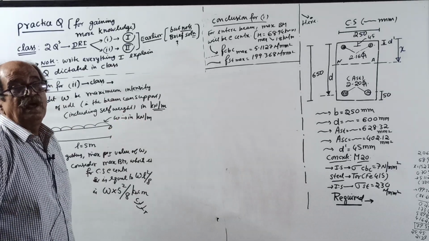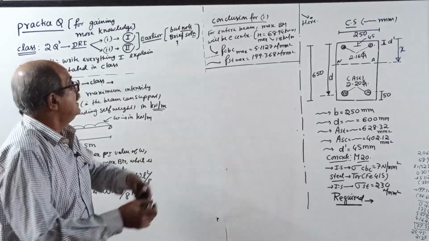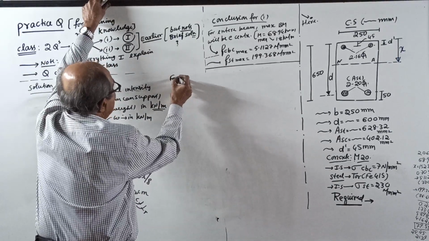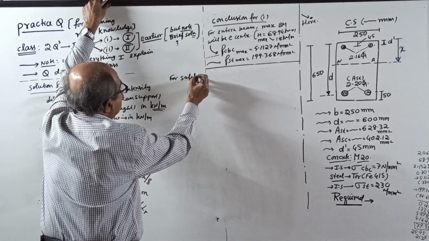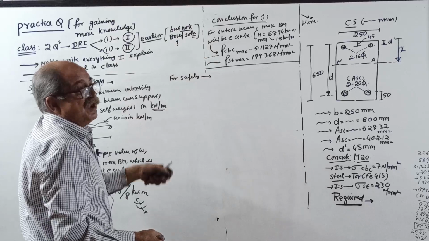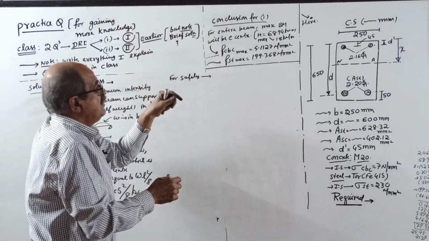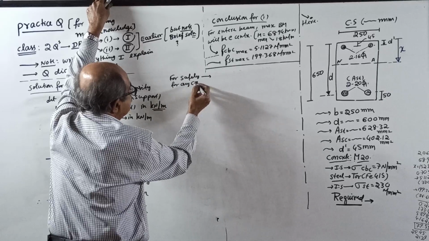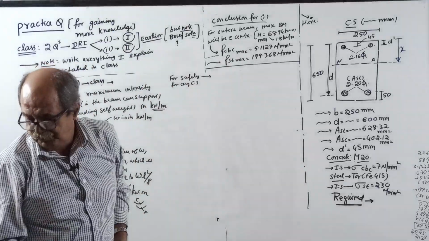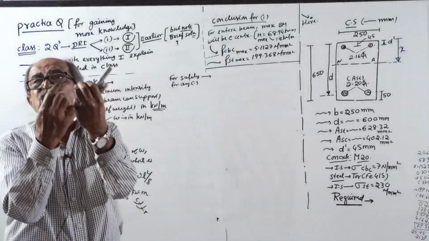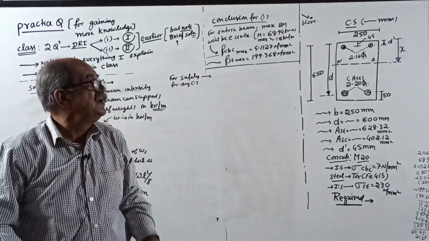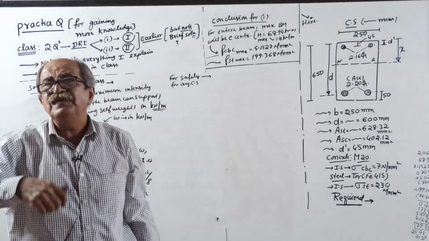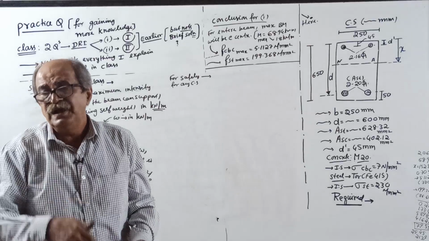Now one more statement. How to find it? See, for safety, for any cross section of a beam, bending moment is what you are applying. Moment of resistance is how much maximum it can resist.